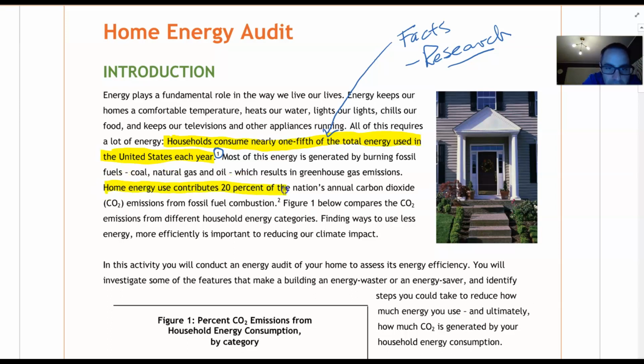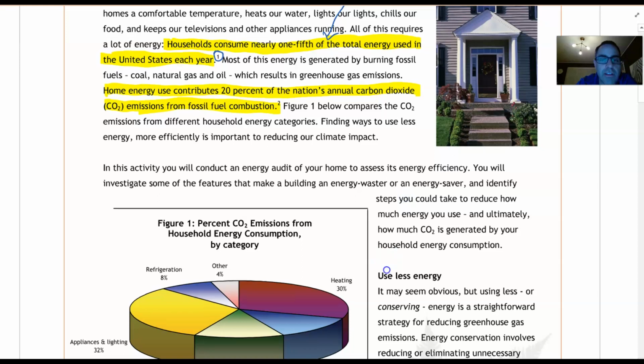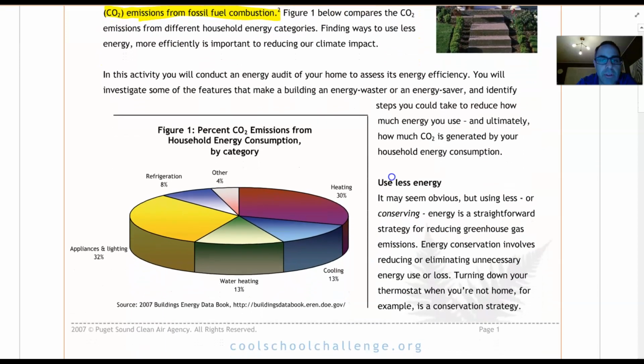Home energy use contributes 20% of the nation's annual CO2 emissions in the form of fossil fuel combustion. And again, this is for the US, but Canada would be very similar. Figure 1 below compares the CO2 emissions from different household energy categories. Finding ways to use less energy more efficiently is important to reducing our climate impact.